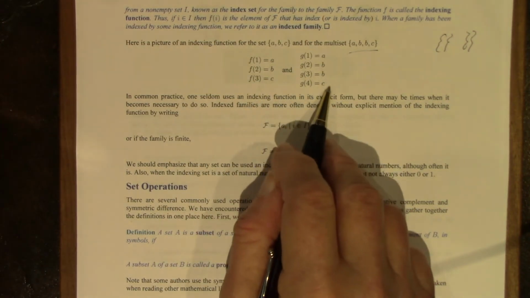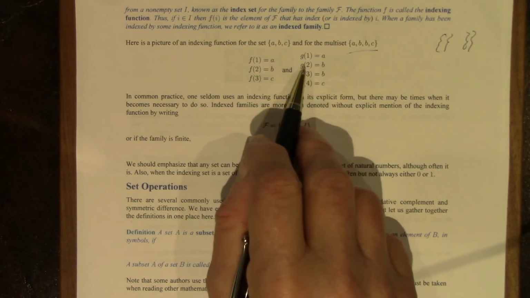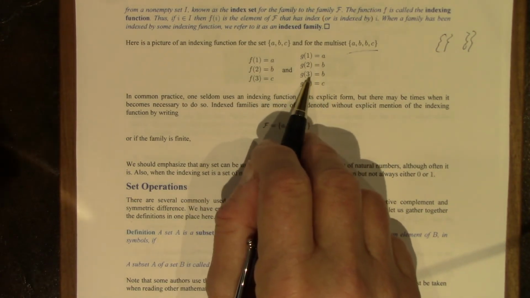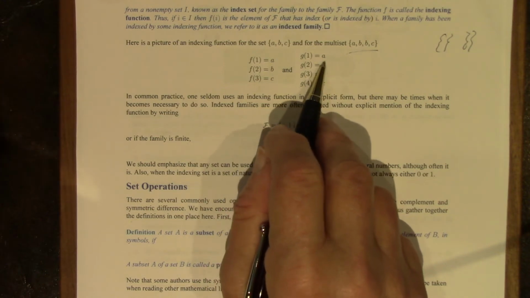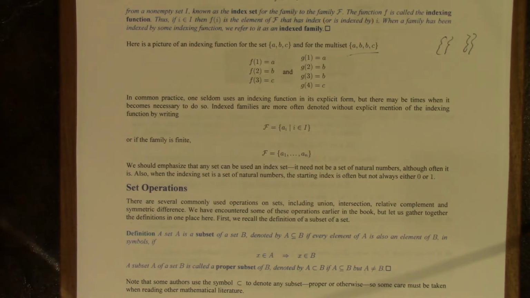And here's a way to index a multiset. So notice that B has multiplicity 2, but it gets 2 different indices. So these are treated as different. One way to think of it that might help, I suppose, is imagine the elements of every multiset are colored with different colors.